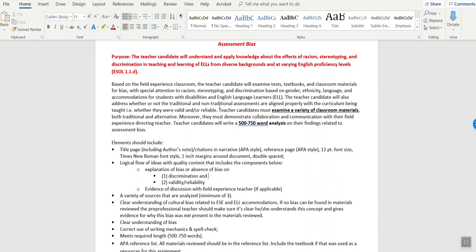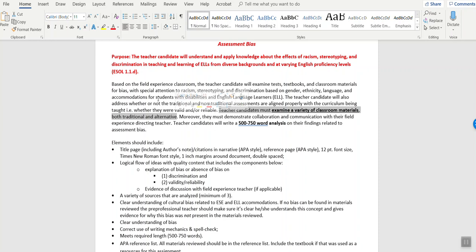And the other thing that people get a little tripped up on is this here. It's bold and it's underlined. Folks still miss it. You must examine a variety of classroom materials. You cannot only look at one thing. So I really want you to look at things that have to do with assessment, but you can look at curriculum materials. You want to look at things that kids have to read and look at pictures perhaps, or graphs.